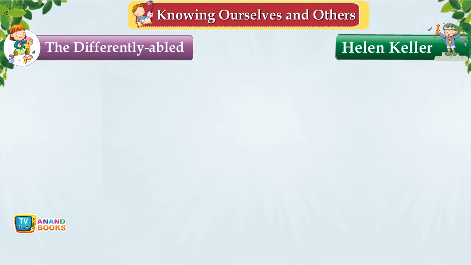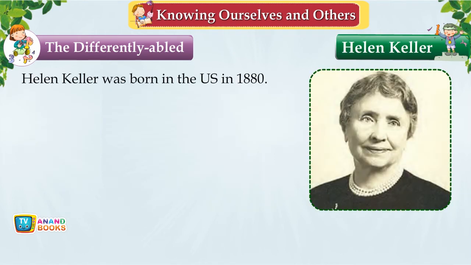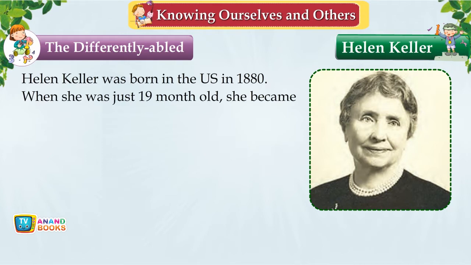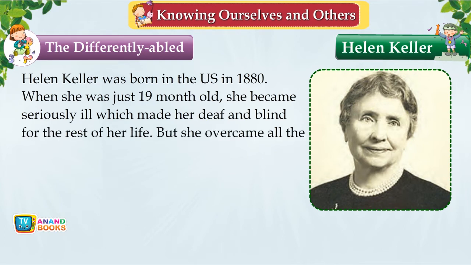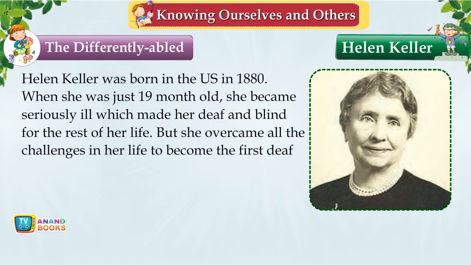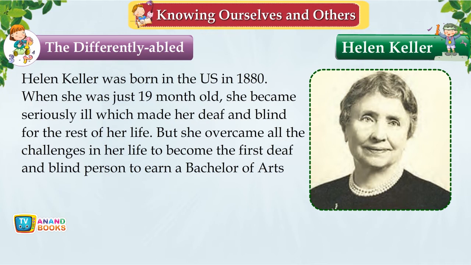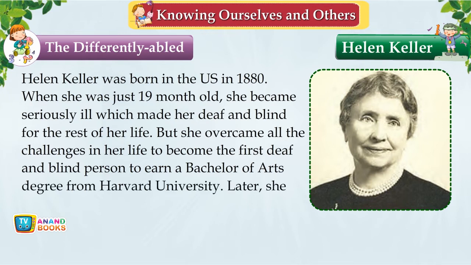Helen Keller. Helen Keller was born in the US in 1880. When she was just 19 months old, she became seriously ill, which made her deaf and blind for the rest of her life. But she overcame all the challenges in her life to become the first deaf and blind person to earn a Bachelor of Arts degree from Harvard University.